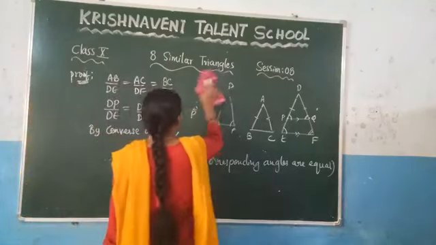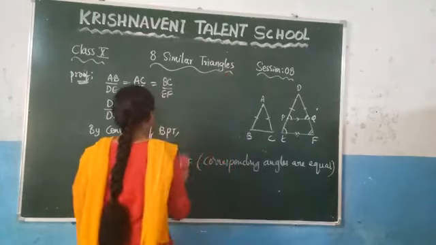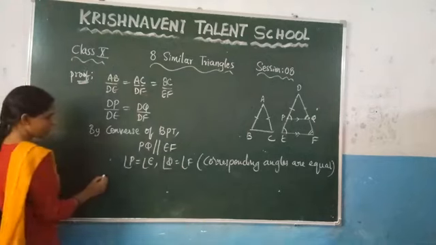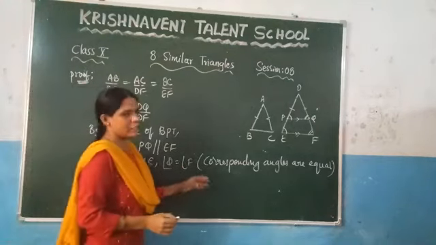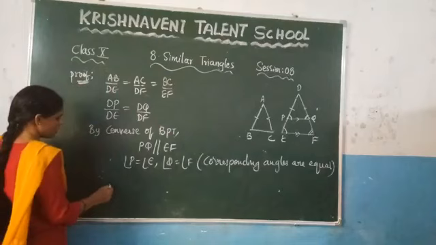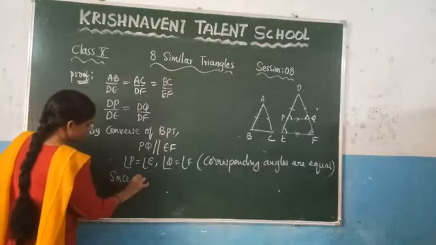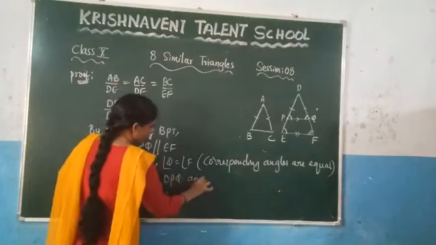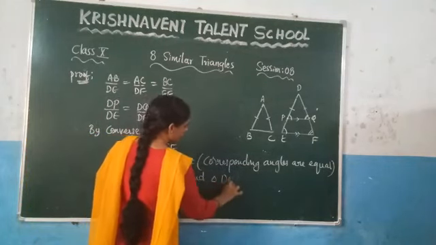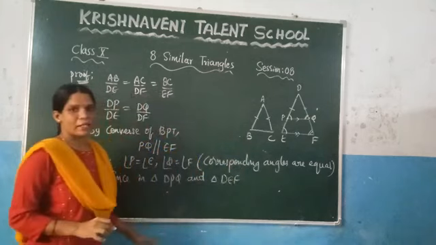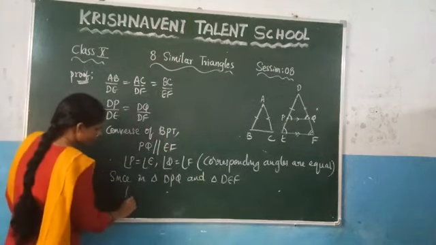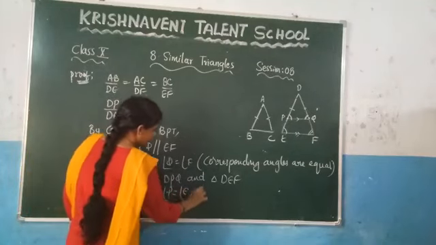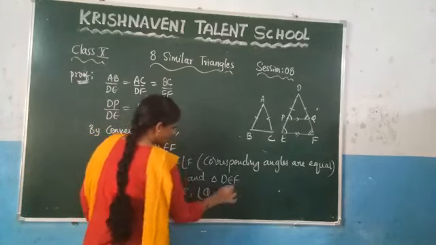So what we can write here: since in the smaller triangle DPQ and in triangle DEF, corresponding angles are equal, right? What does that mean? Angle D is equal to angle D, angle P is equal to angle E, angle Q is equal to angle F, right?